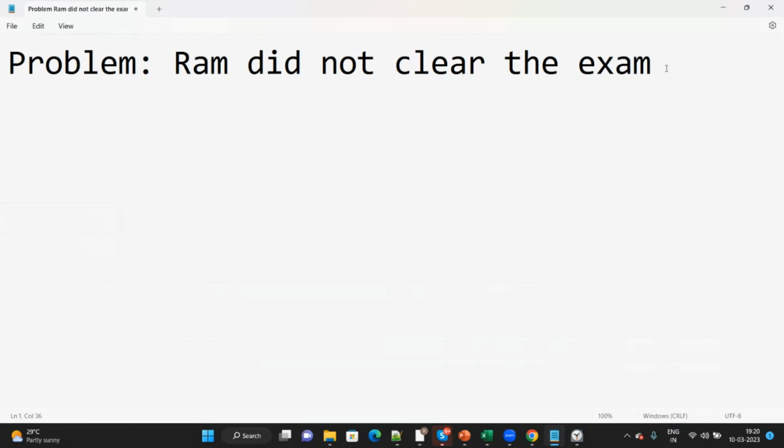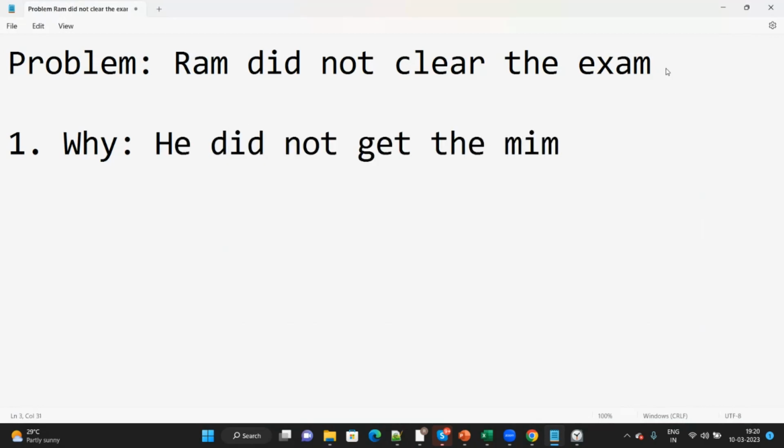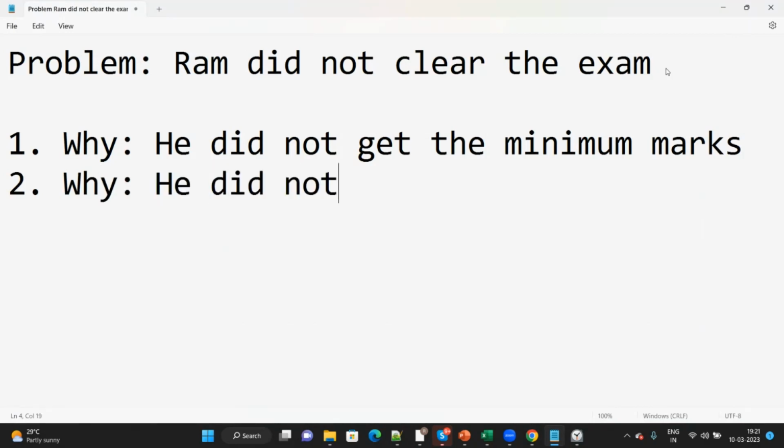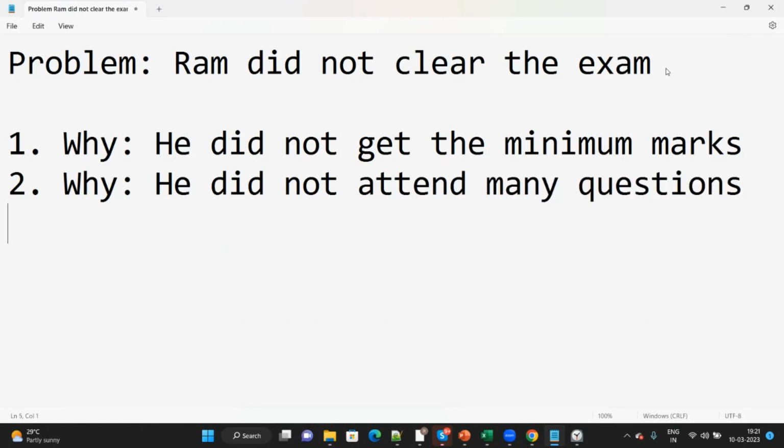So the problem statement is Ram did not clear his exam. I also don't have much information, like you, so I'm going to go with some assumptions. If I ask why he did not clear this exam, the first answer might be he did not get the minimum marks. Why did he not get the minimum marks? He did not attend many questions. Why did he not attend many questions?